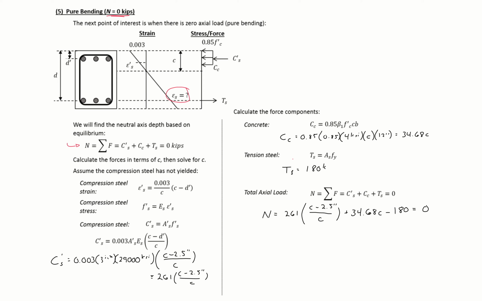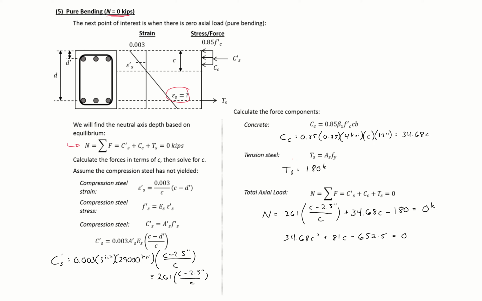So we have no external applied load. We can simplify this into a quadratic, so multiplying through by C and then shifting some things around to get 34.68 C squared plus 81 C minus 652.5 equal to 0.